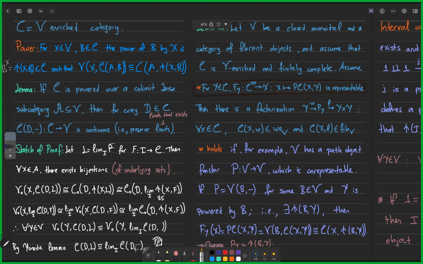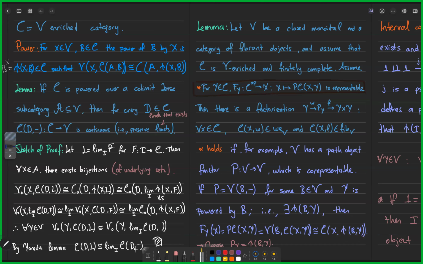So in that case, if Y is powered by B, then we can choose the path object P sub Y as the powering of Y by B. So in that case, we can define the functor F sub Y like this, which is representable by this object.